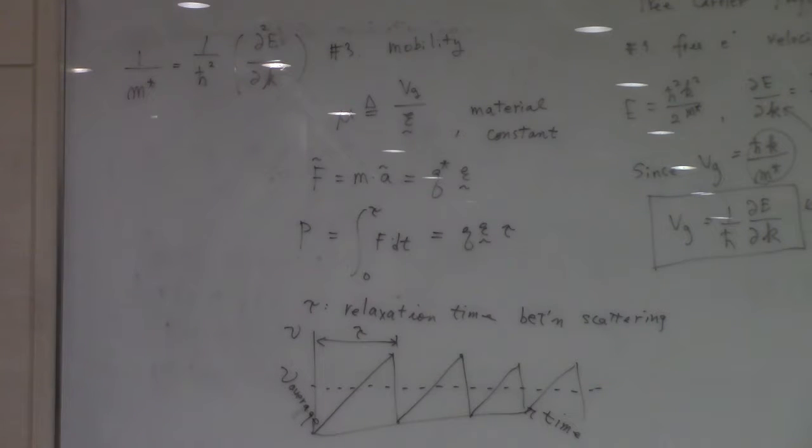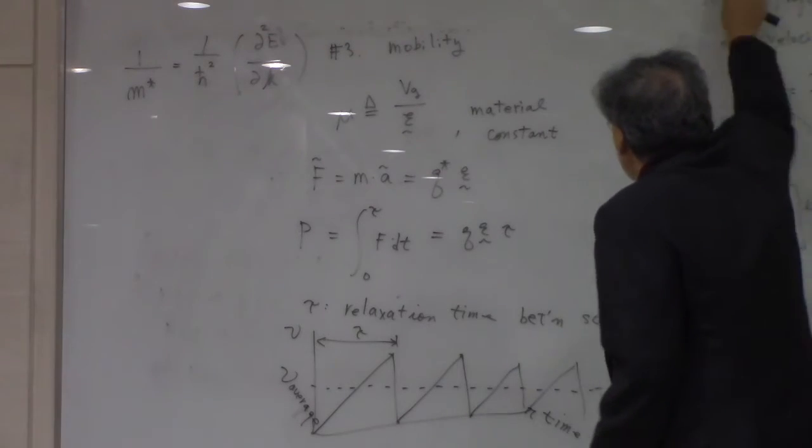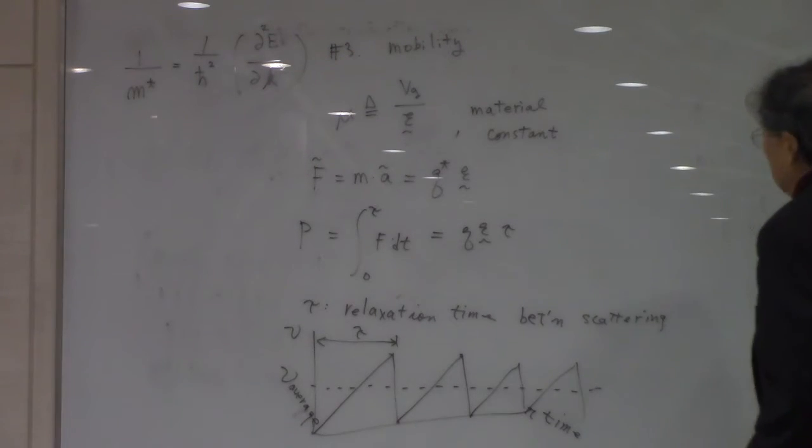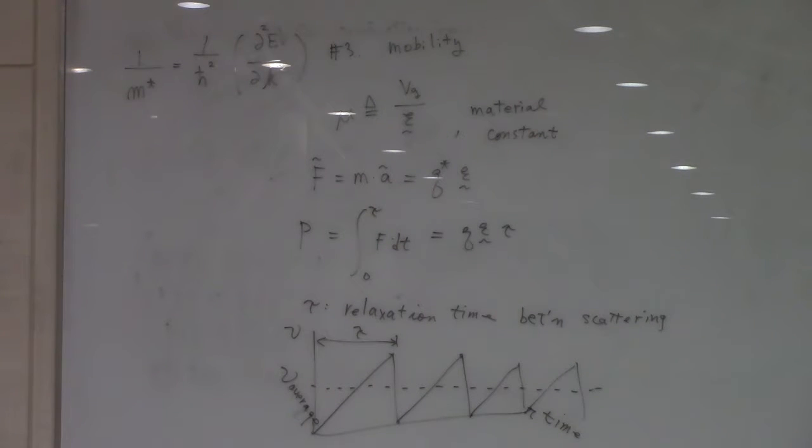That relaxation time is different according to the materials and the material conditions like impurities, defects, grain boundaries and so forth. So the relaxation time is different from material to material.